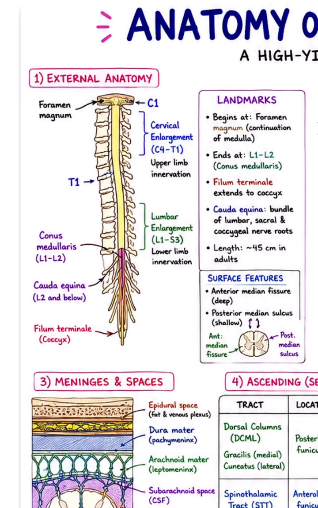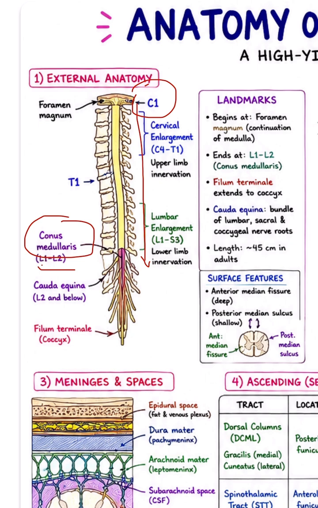Okay. First of all, we will study external anatomy. Spinal cord basically starts from C1 and it is the continuation of medulla, at the point called foramen magnum, and ends at the level of usually L1 and L2. That is called Conus Medullaris.